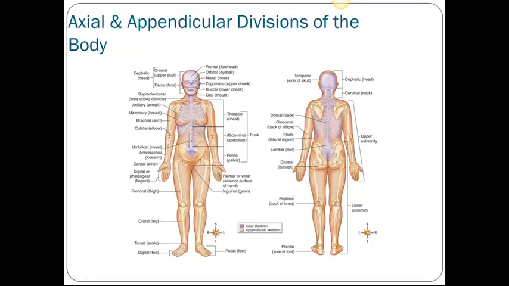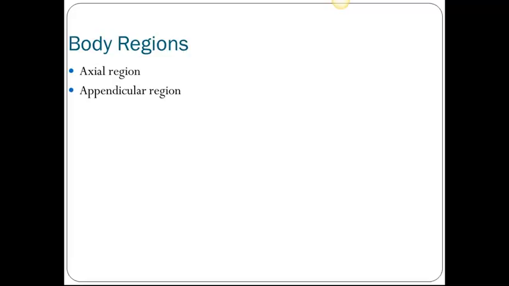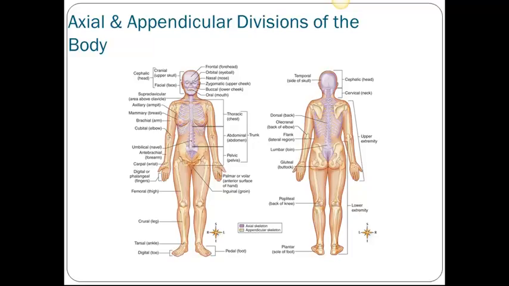The axial and appendicular divisions of the body. So we have the axial region, which is the head, neck, and torso or trunk, and then the appendicular regions, which are the upper and lower extremities. So here is a picture. Our axial is anything on the trunk here.